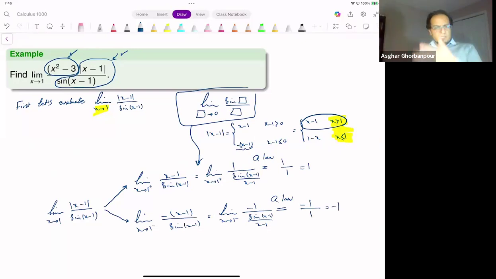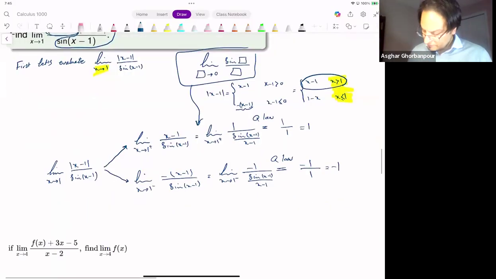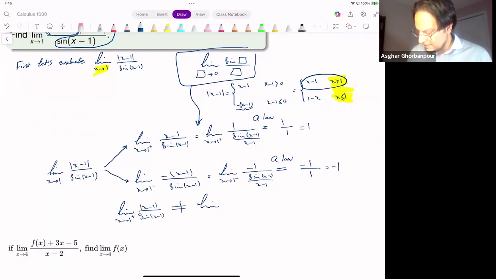Well, how did you know to split this into the positive limit from the right and the limit from the left? Because the function was piecewise defined. Then we had to do this. Now what are we going to decide, or what is the final answer? The right limit and the left limit both exist, but they are not the same as x goes to 1.